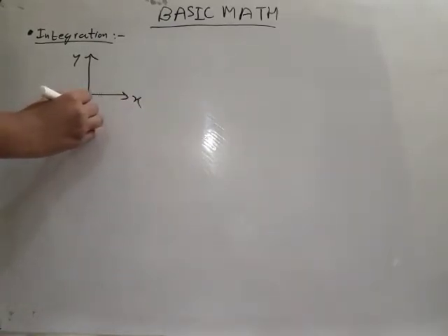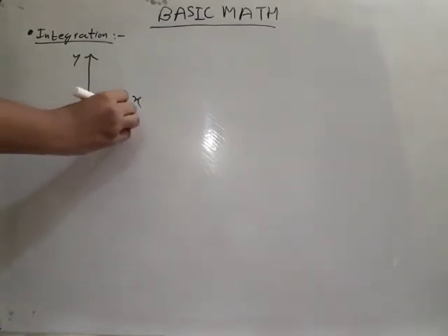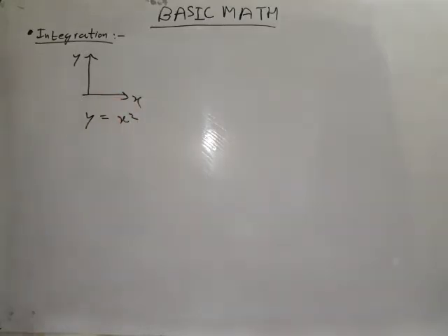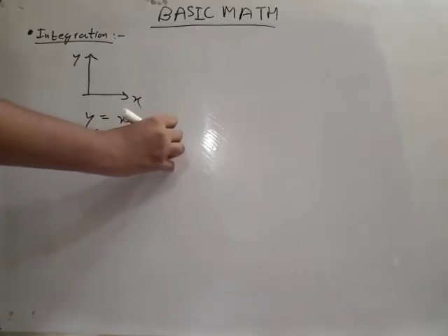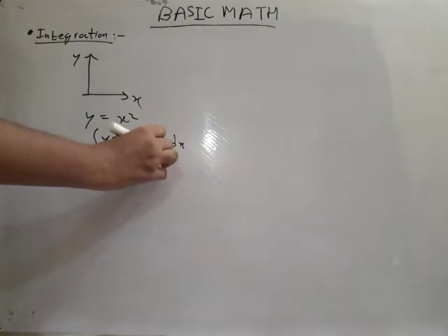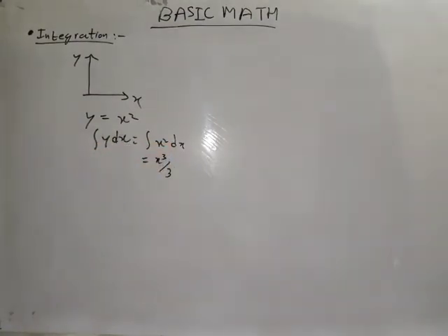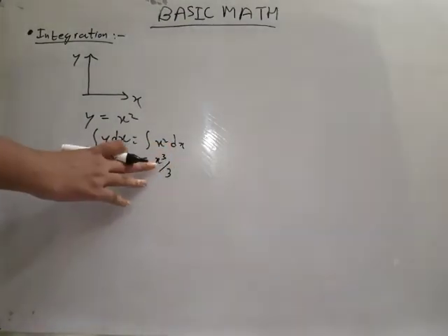suppose if we are given y equal to x square, in integration what is done? Integral y dx equal to integral x square dx, it becomes x cube by 3. So power has been increased.